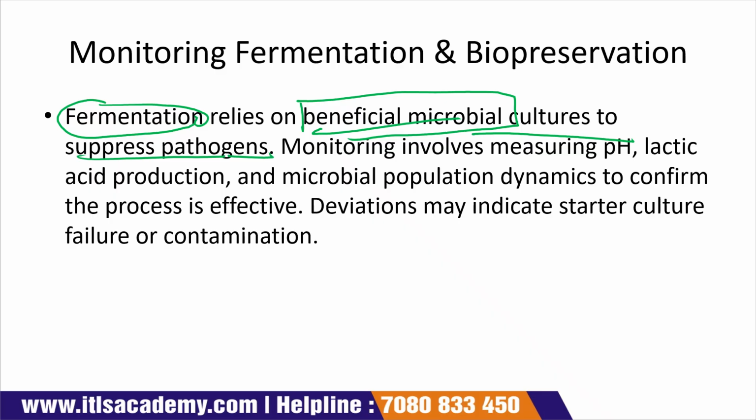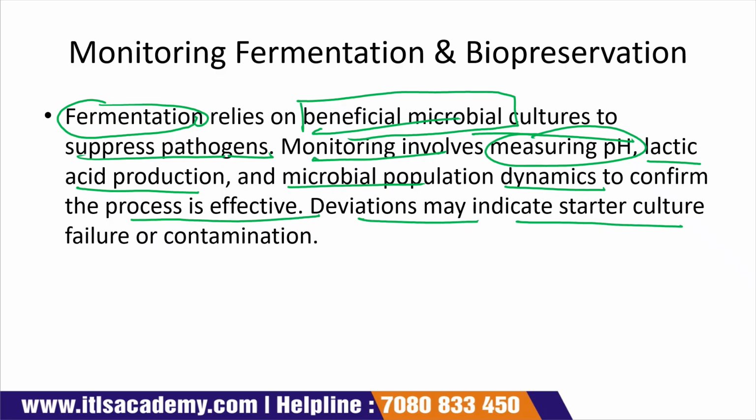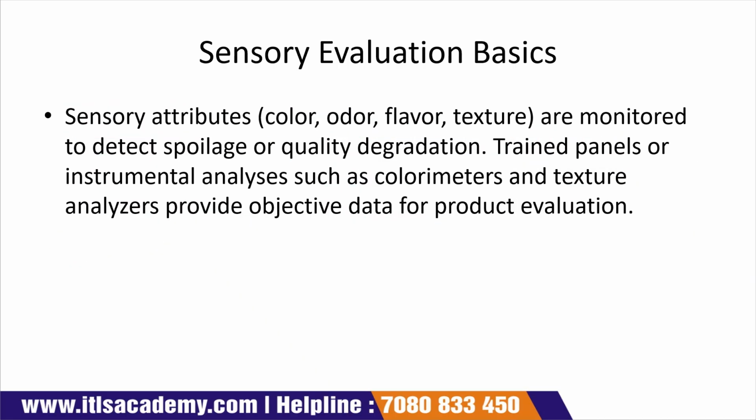So in fermentation we use that beneficial microbial culture, and it suppresses the growth of the pathogenic microorganisms. Monitoring involves measuring the pH, lactic acid production, and microbial population dynamics. It is all used to confirm the process is effective. Deviation may also indicate starter culture failure or contamination.